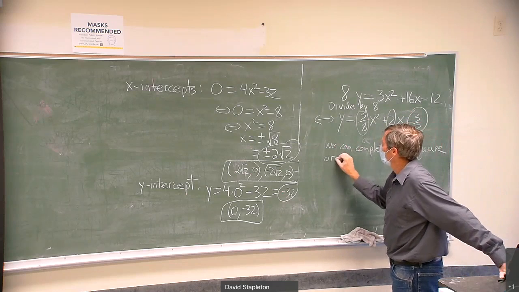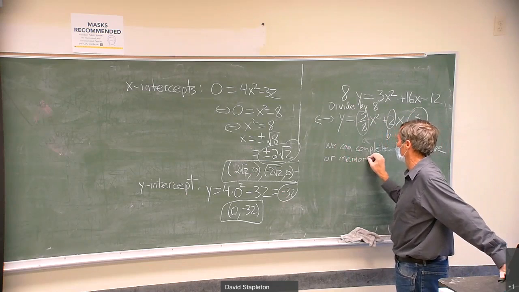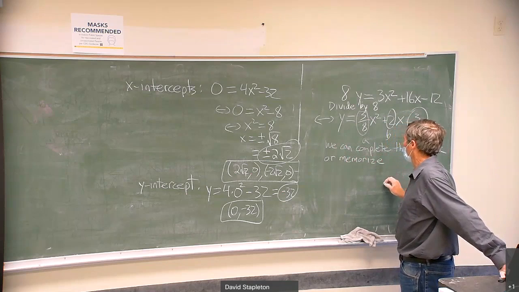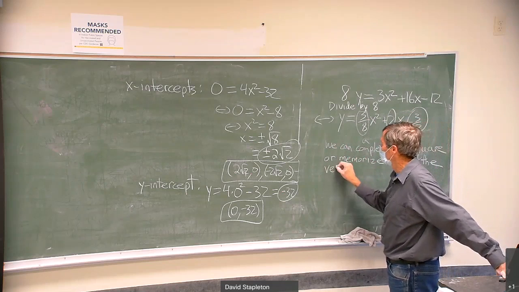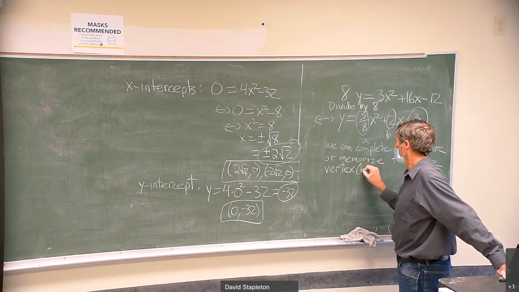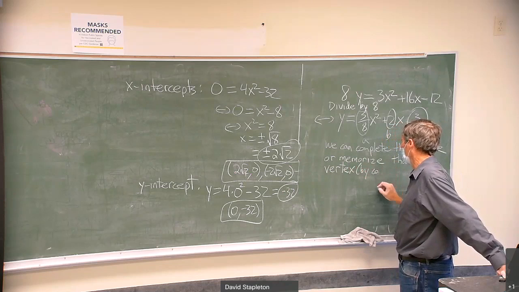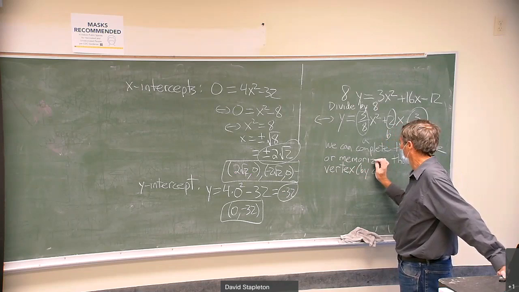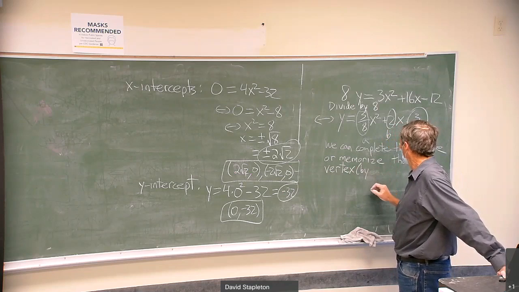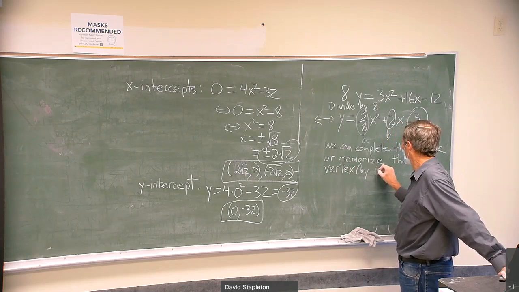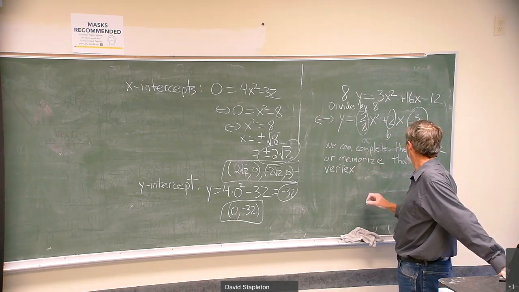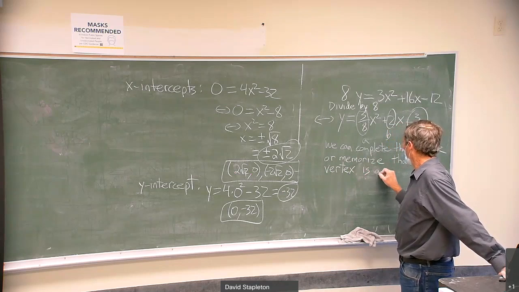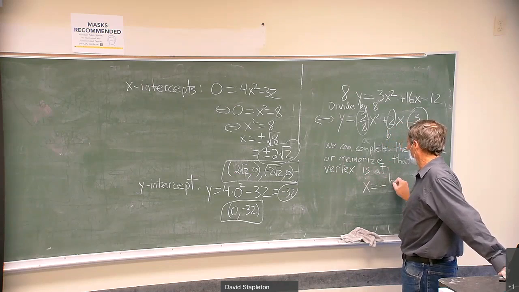You can instead memorize this formula, which comes from completing the square, that the vertex is always at x equals minus b over 2a.